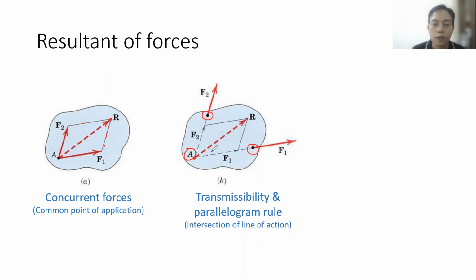Then we draw the resultant of force from this point. So just reposition F1 to point A and F2 also to point A. Then find the resultant, the magnitude and the direction, using the parallelogram rule.